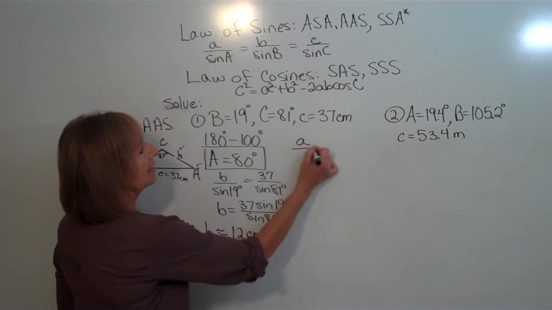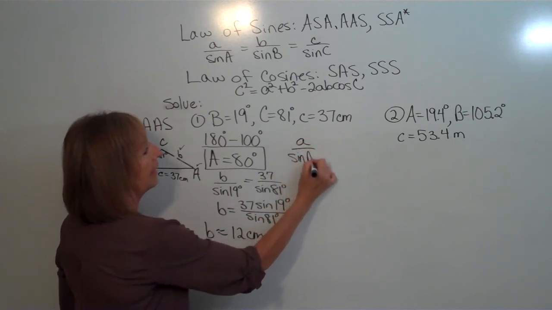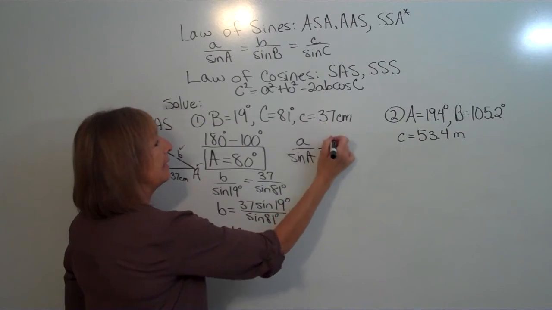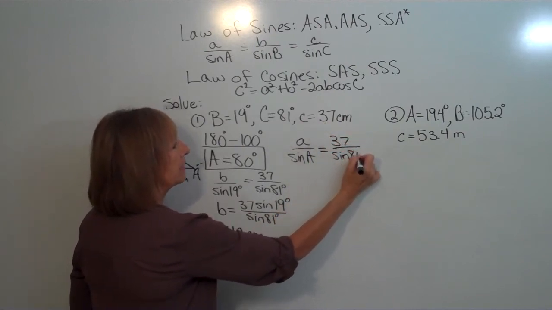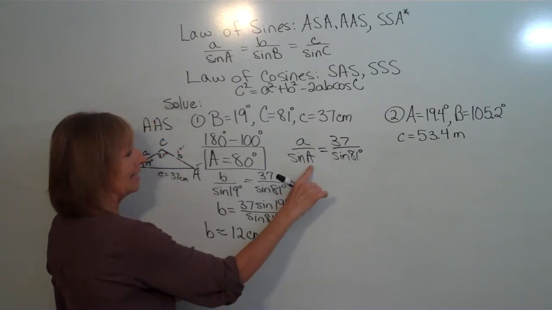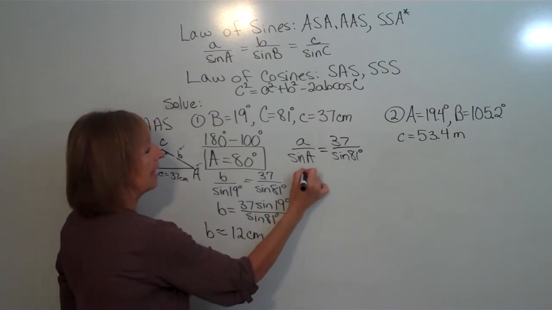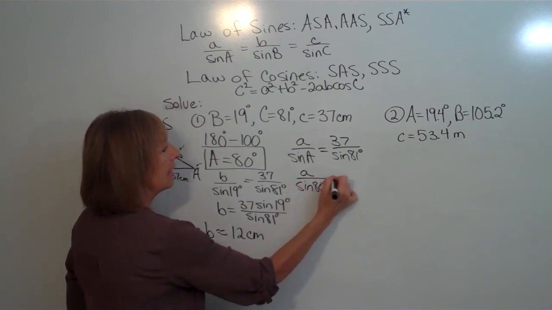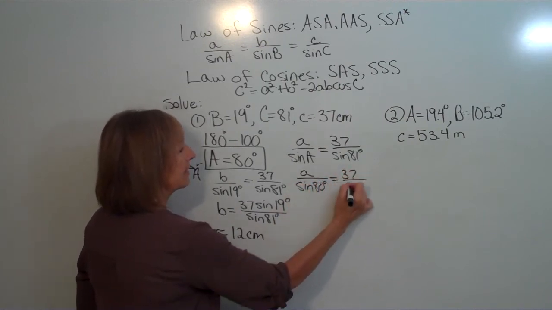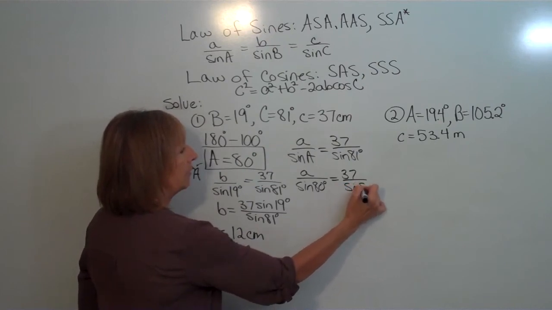So a is to the sine of angle A, as c, 37, is to the sine of angle C. Knowing that A is 80 degrees, we're going to have a is to the sine of 80 degrees, as 37 is to the sine of 81 degrees.